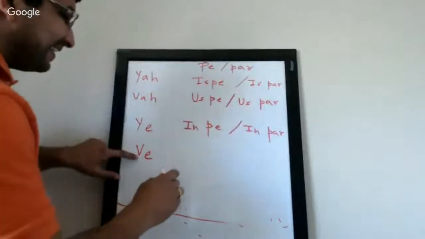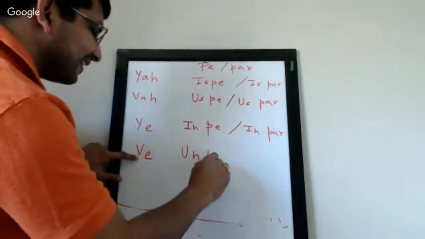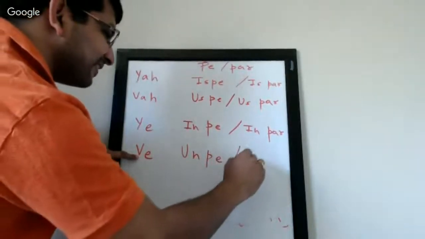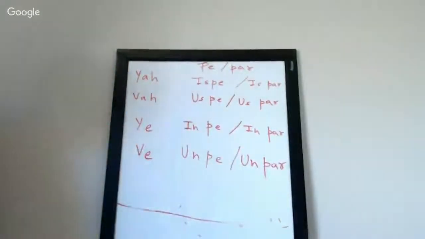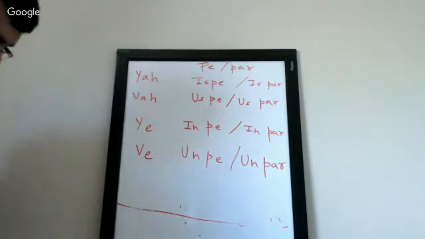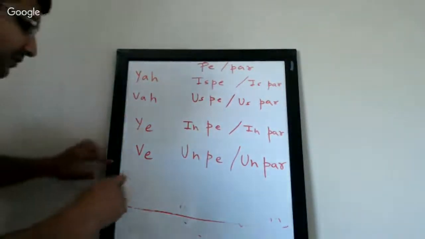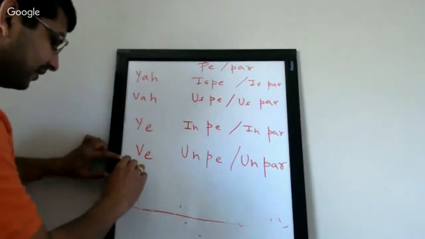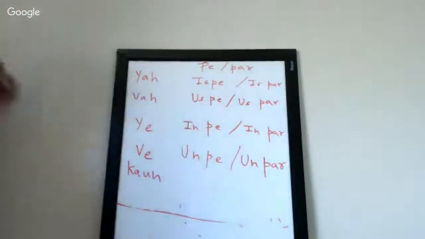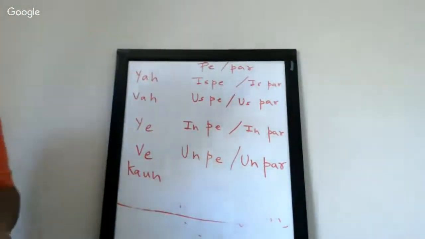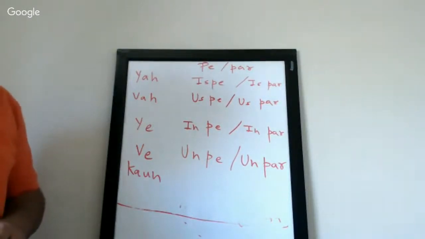Anyway, and then ve plus pe is un pe, or you can say un par, right? Because we have some more space, I can simply add one more: kaun, and kaun plus pe is, very good, right?